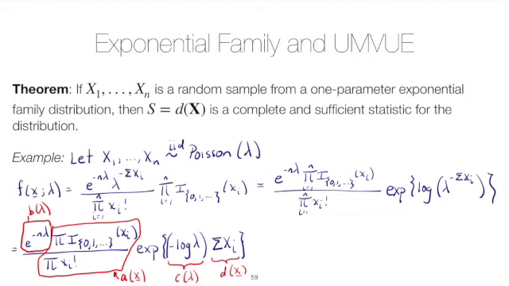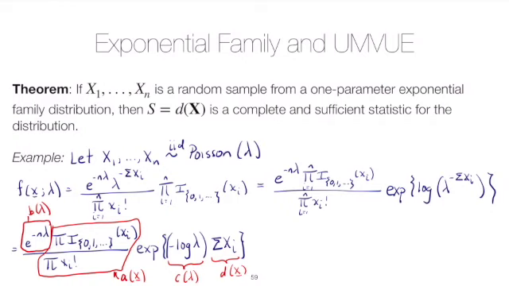So what we've done so far is just written the Poisson distribution and shown that it comes from the exponential family. We've factored it in just the way that we get in the definition of the exponential family. But if we're using the theorem here, the theorem says that if we have something from the exponential family, then our d of x is complete and sufficient. Well, look what happens here. We get as our d of x the sum of the xi's.